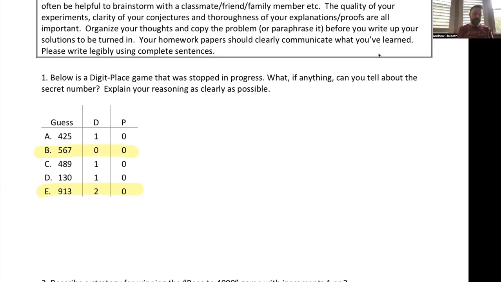Now, with D, I noticed that 1 and 3 cannot be together, right? Because there's a 1 in the D place, which means that only 1, 3, or 0 are in the number. So I can eliminate the combination of 1 and 3. So for guess E, it's either going to be a 9 with the 1, or a 9 and a 3.